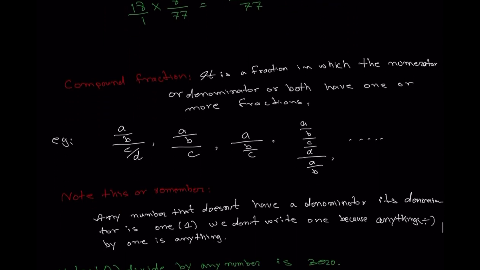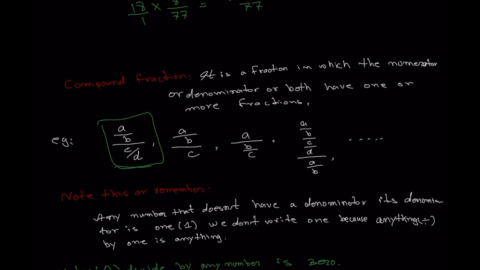Okay, let's move on to the compound fractions. It is a fraction in which the numerator or denominator, or both, has one or more fractions. So here is a compound fraction because the numerator has a fraction and the denominator has a fraction.